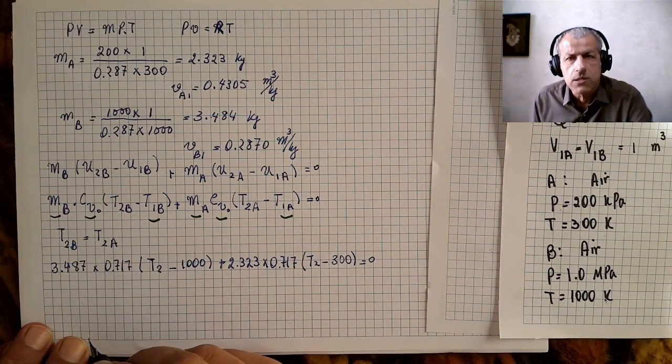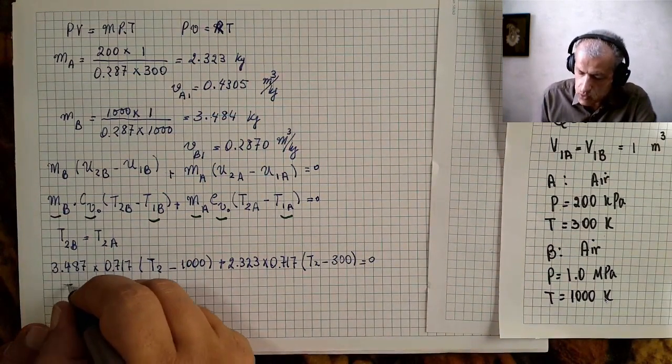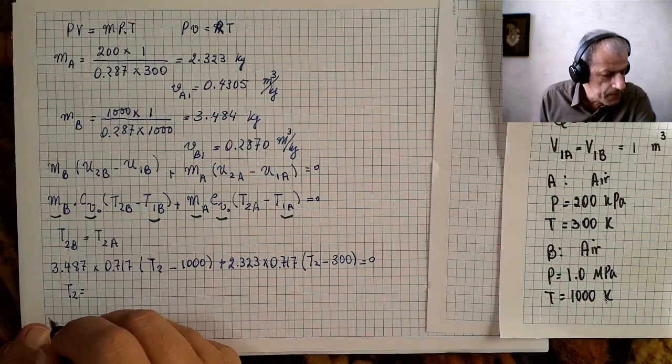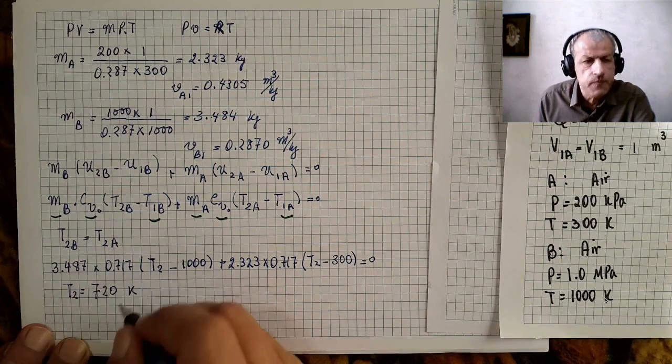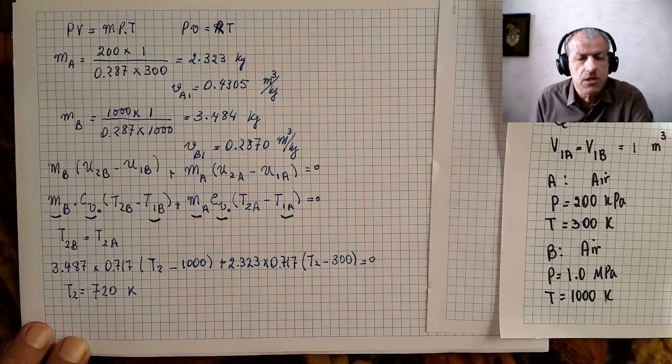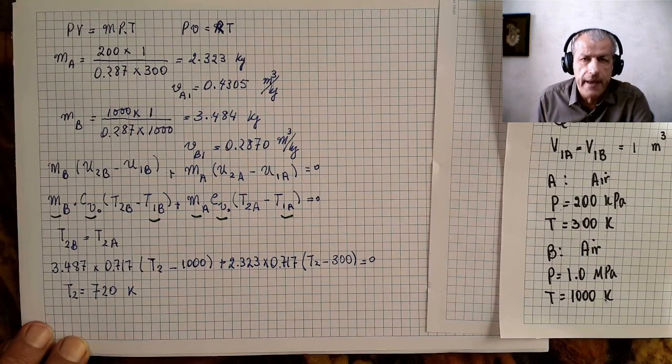Calculating this equation would result in T2 equals 720 kelvin, which is the final temperature in both A and B.